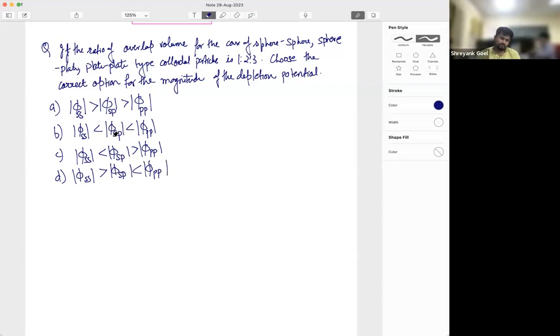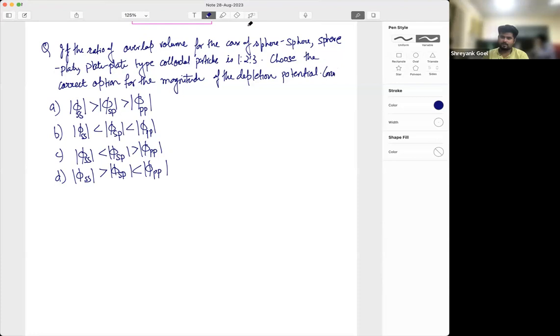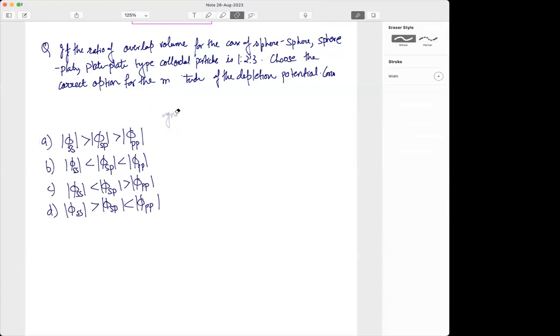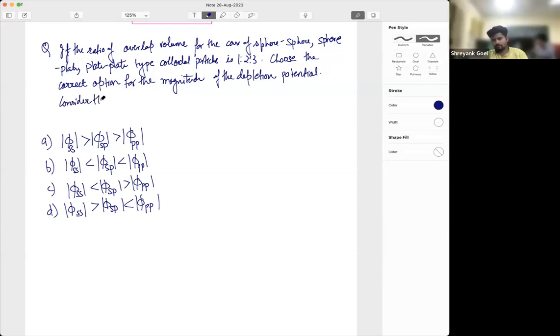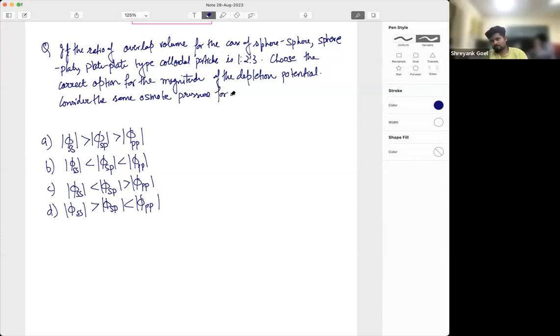Can you tell this or try this and let me know the answer? Consider one thing I have to add: consider the same osmotic pressure for all the types.